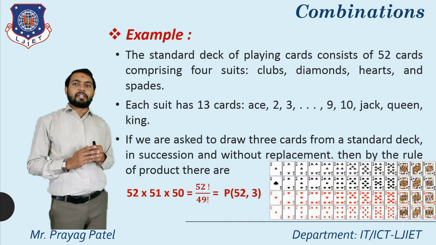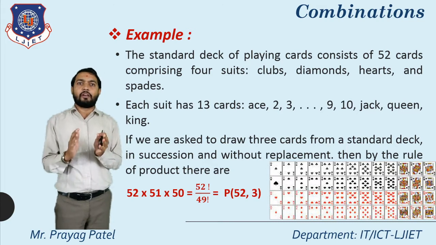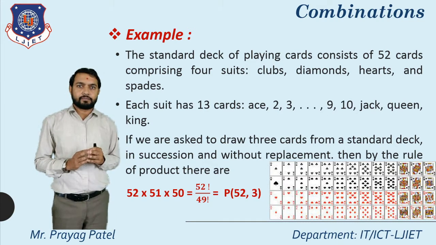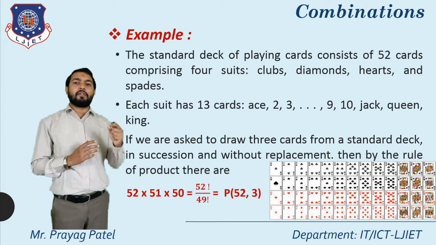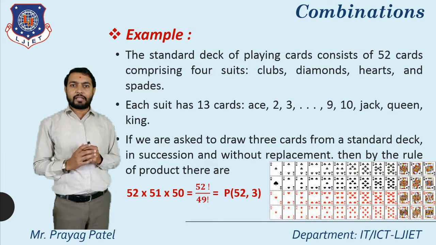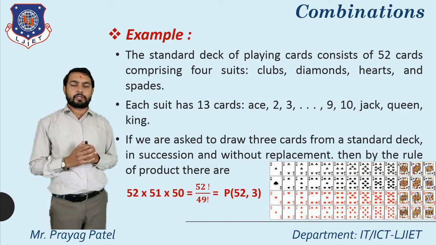So for example, when we select the first card, then a total of 52 cards are available. So from the 52 cards we can select 1 card. Now after selecting the first card, we have 51 possibilities because we already selected 1 card. So for the next selection we have only 51 possibilities.